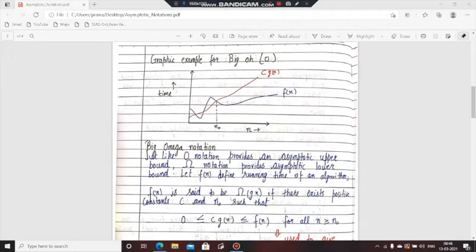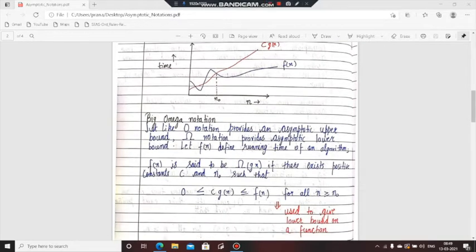So after n naught, if the function stays above f(n), then it's an example of big O. Basically, it only gives us the upper bound of a function.